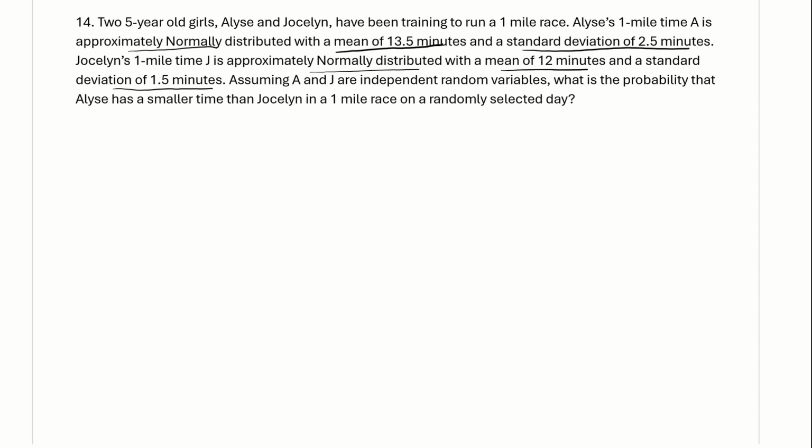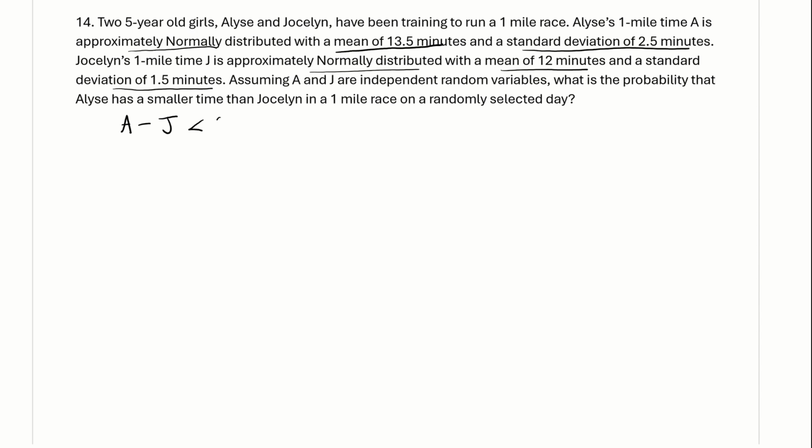Okay, so we want the probability that Elise has a smaller time, right? So that means that Jocelyn's time has to be greater than Elise's. That's what we want to look for. So Elise is less than Jocelyn. Another way of saying this is that we want the difference between Elise and Jocelyn to be a negative quantity.